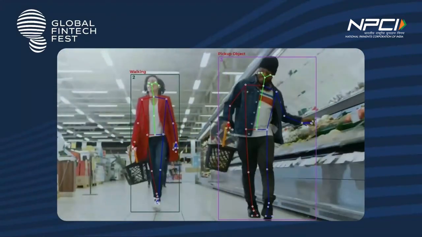No. I think this is interesting for several reasons, because one, you're not just identifying these individuals, you're identifying their pose, what is called a skeletal model of each of these individuals. You're identifying actions. He's picking up an object. The bounding box says so.